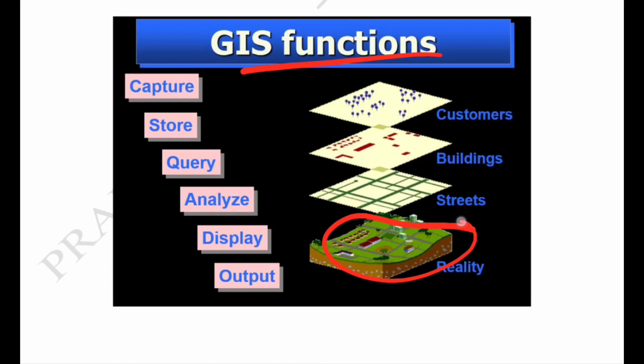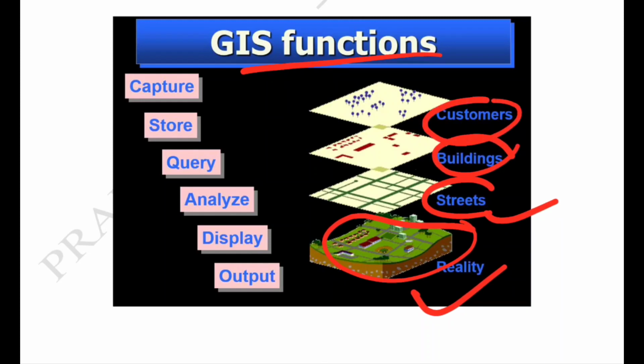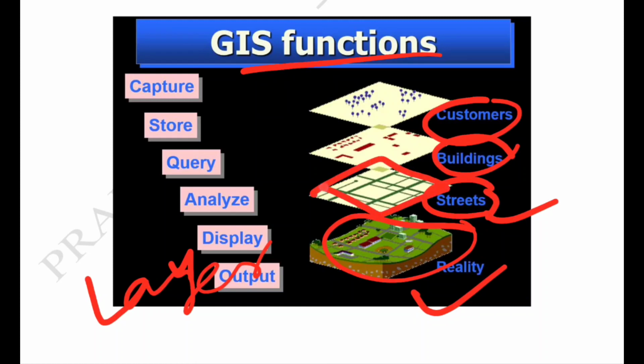As this is the real world, you have to understand, GIS captures or stores the data in layer form. Means this reality or real world has the states, buildings, customers, and many things. So GIS stores the data in layer form. So it is important to understand that streets are one layer, means all the states are displayed in one layer, all buildings, customers.